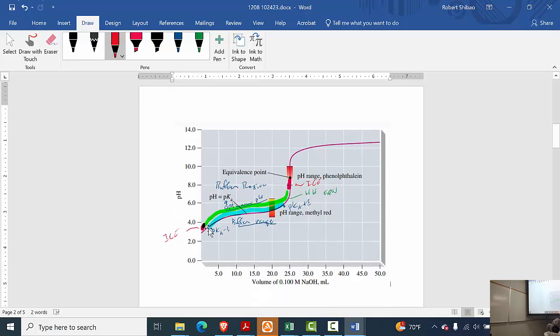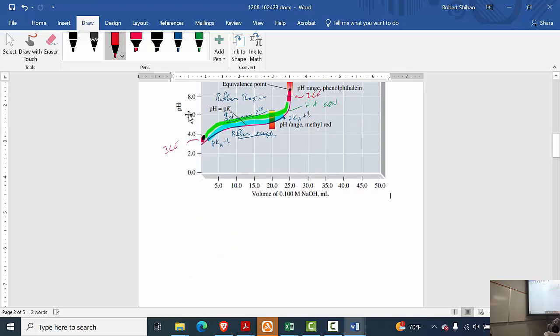So what we're going to do in this next calculation is make a pH 5 buffer. You know, pH 5 is close to the optimum pH of 4.74.